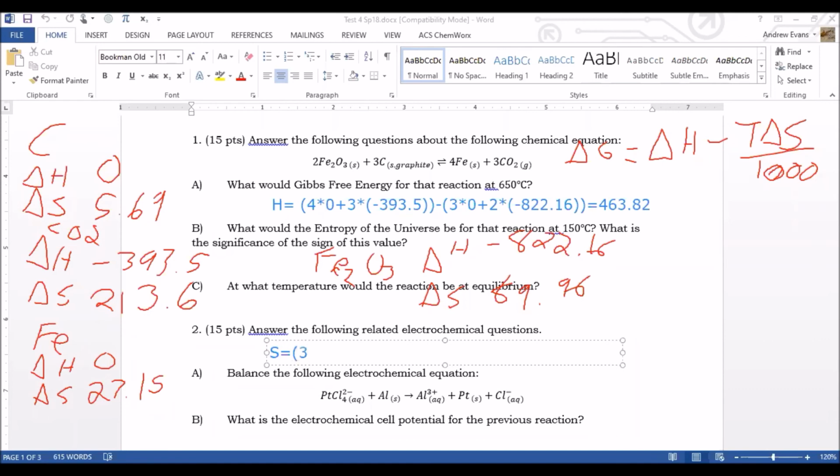Let's do it in the same order. 4 times iron, which was 27.15, plus 3 times 213.6, minus 3 times 5.69, plus 2 times 89.96, equals.